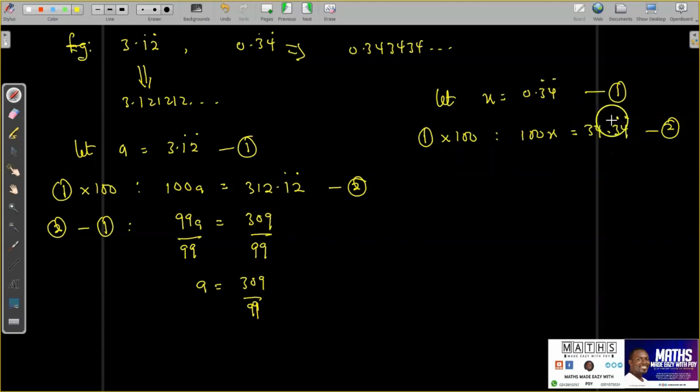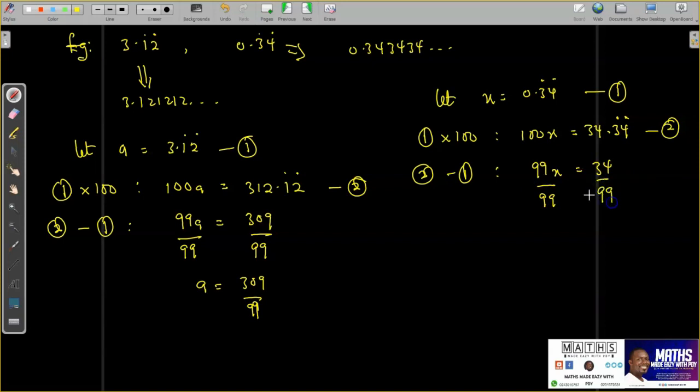So equation 2 minus equation 1. And that will give us 100x minus x. That will give us 99x, and then 34.34 recurring minus 0.34 recurring. It will still lead us to 34 exactly. Then we divide both sides by 99.